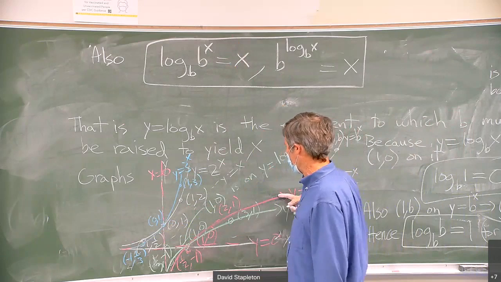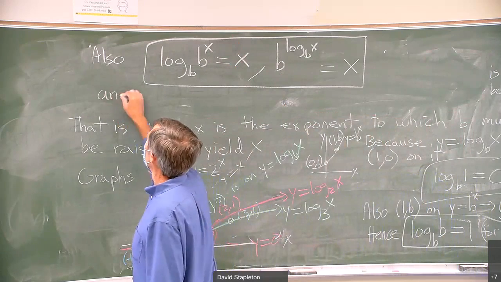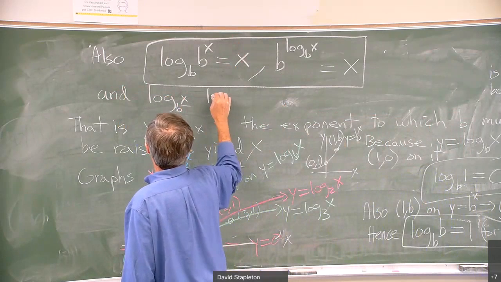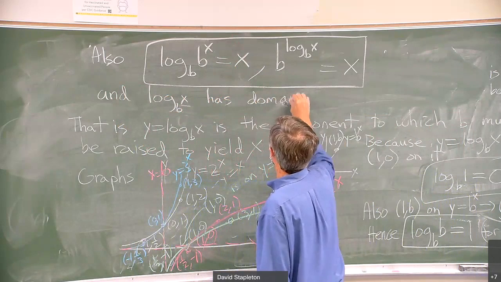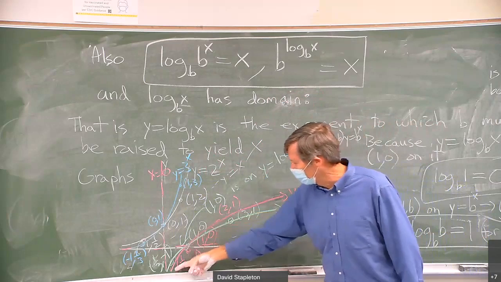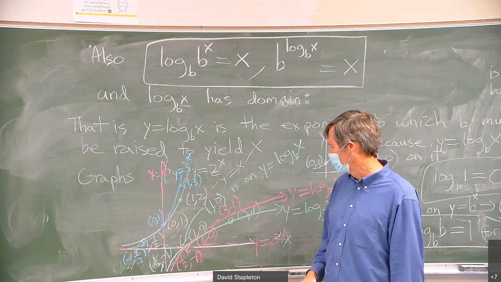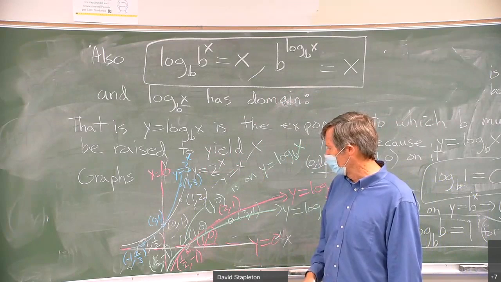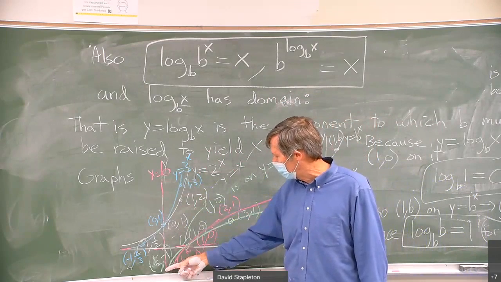Here's the logarithm. What's the domain of the logarithm? Log base b of x. What domain? If this is the graph, it looks like this. Domains are all the x you can put in. Well, it approaches this asymptote, so you can't put x equals 0. There's no point plotted there.